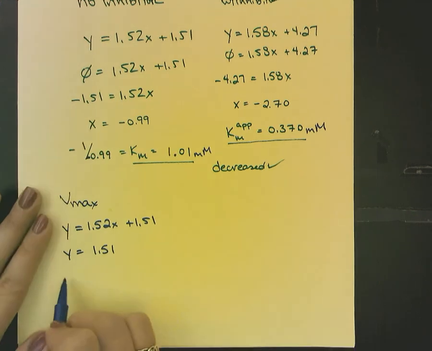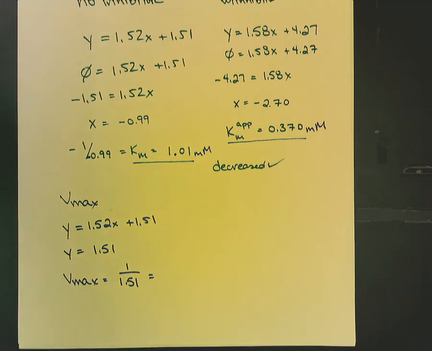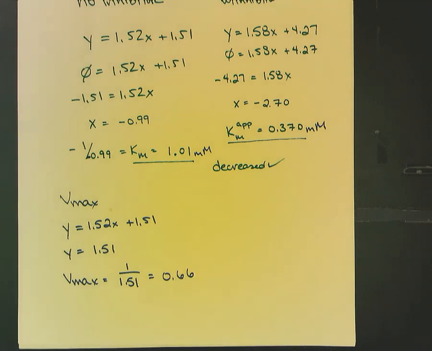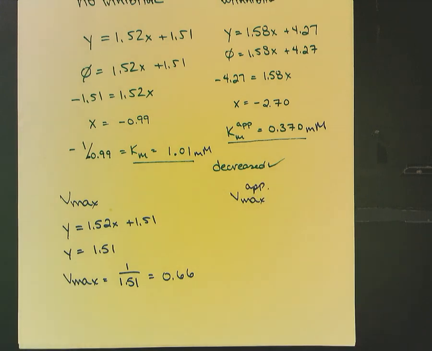I gotta inverse it. Okay, so based on what you know about uncompetitive graphs, what do we expect to happen to the Vmax apparent value? To be greater or smaller? Should be smaller. So we're going to mathematically see if that's true.